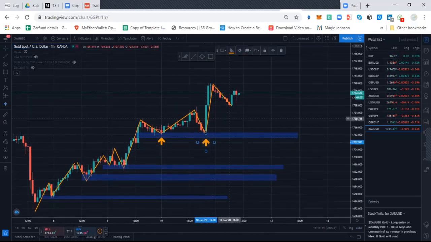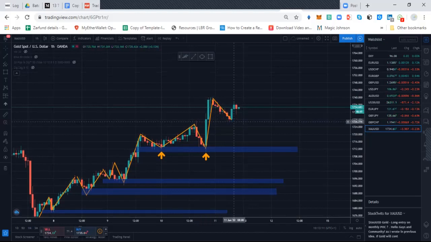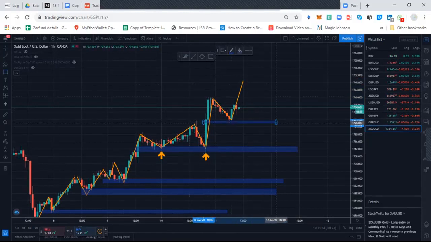Okay, so what are we expecting to see now? From here now, gold moved up. So this is not a confirmed structure yet until gold gives us another high. If gold gives us another high now, then we'll be seeing another structure arrive here. This is how it will play out. Gold should move like this, give us another high, then this will be a structure, right?